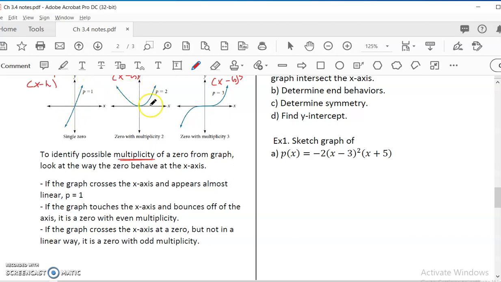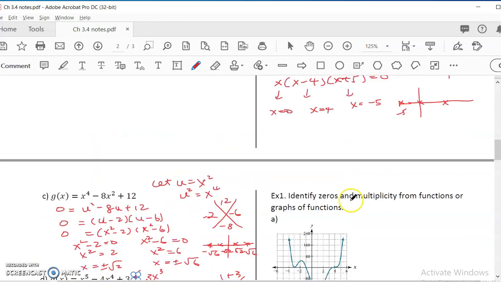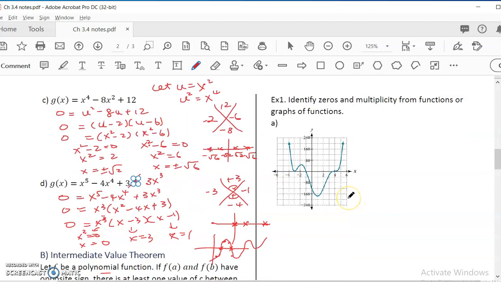It would bounce off if the multiplicity is 2 or even. It would be like a curve crossing the x-intercept if the multiplicity is 3 or higher. Okay. So this is how we associate the graph's properties with the function formula.